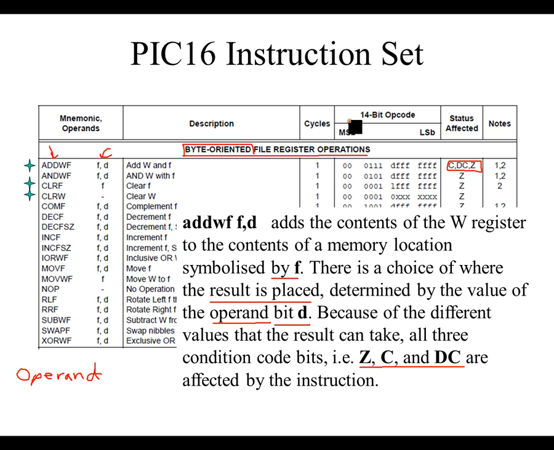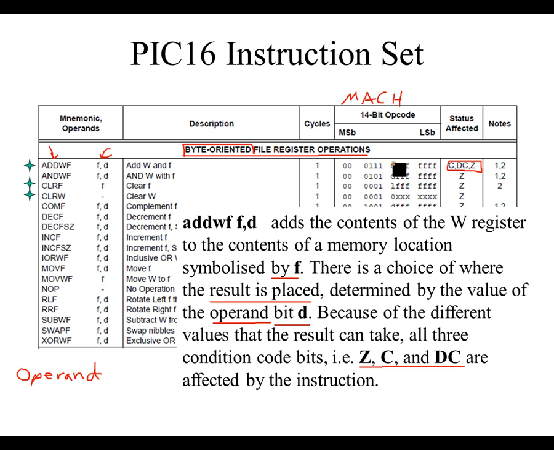Let's also look at this, which is interesting to see. This is actually the machine code. This is 14-bit. This is what the instruction looks like in binary form, or in machine code. The ADDWF is 0 0 0 1 1 1, and then the D gives the destination.